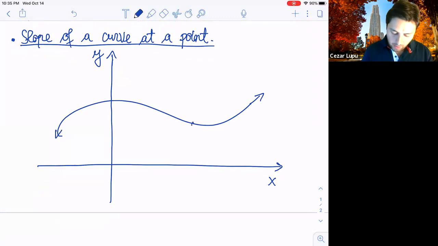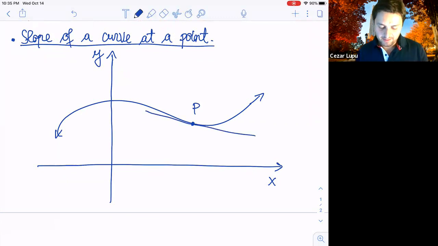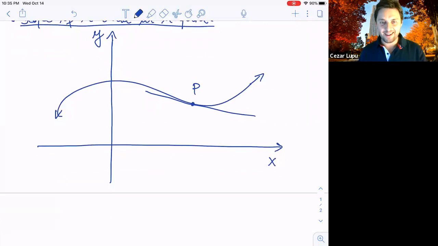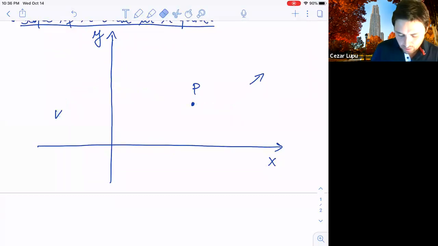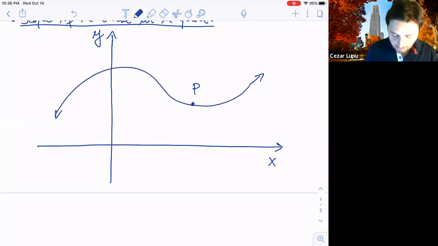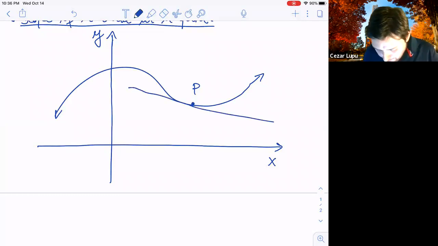And here we have a point P. And here we have a tangent to P, right? As you can see here, that's a line. It's a straight line. Let me draw this straight line, which is tangent at this point P.